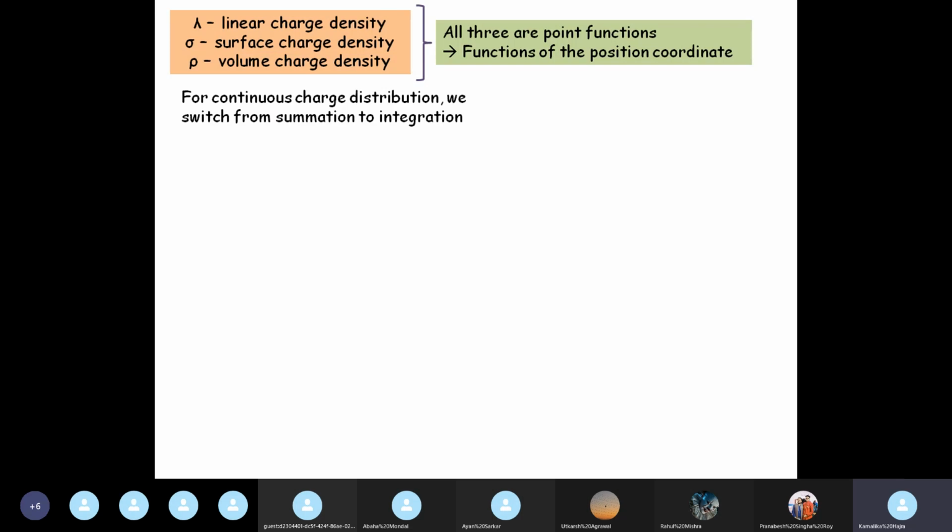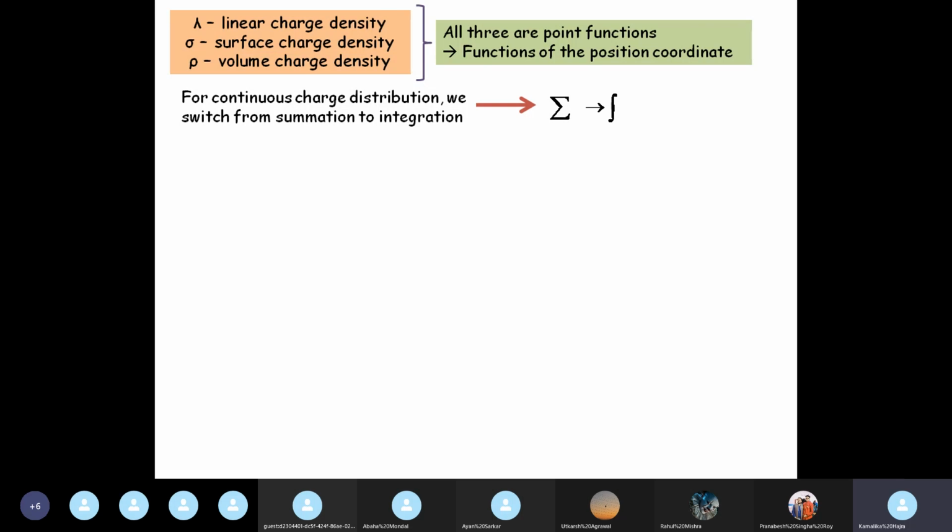Now, if we have a continuous charge distribution, then we have to switch from summation to integration. In our principle of superposition, when we were finding the resultant of several charges acting on a single charge, we had used summation. We performed the vector sum of all the forces that act individually on the charge.